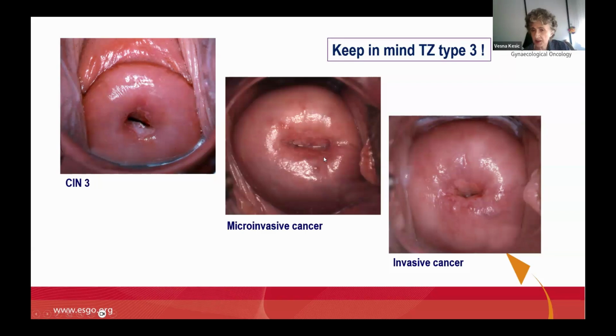Would you say, just judging according to the outer finding, that there is something so bad inside? It was microinvasive cancer, and here it was even invasive cancer. So keep in mind always transformation zone type 3.